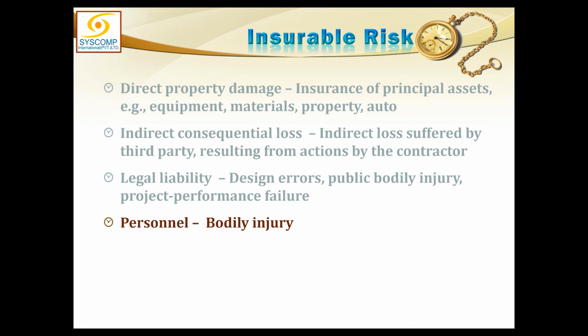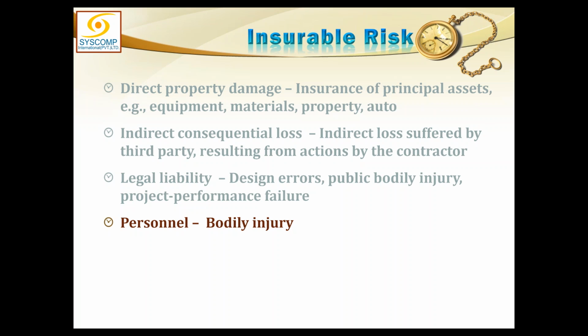And last but not the least is the personnel, your people working in your organization. You would like to insure them for their health, for their life. That would not only be a motivation for your workers, but it will be better for the smooth working of your organization.